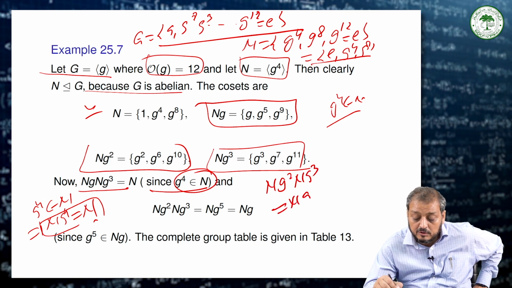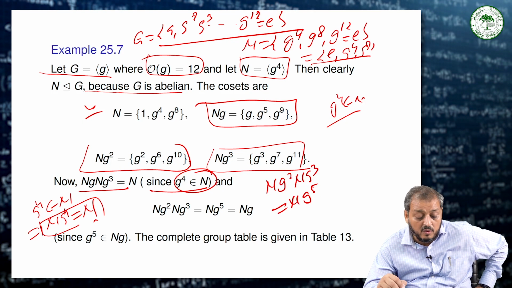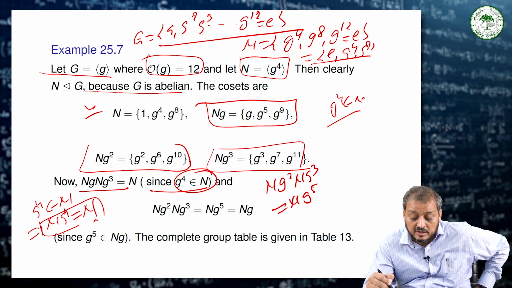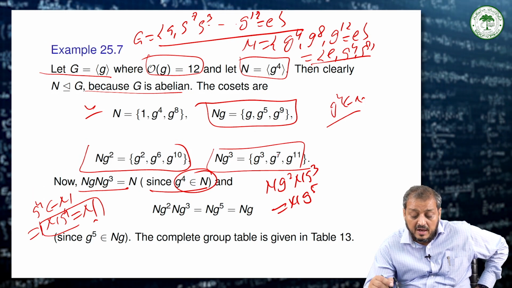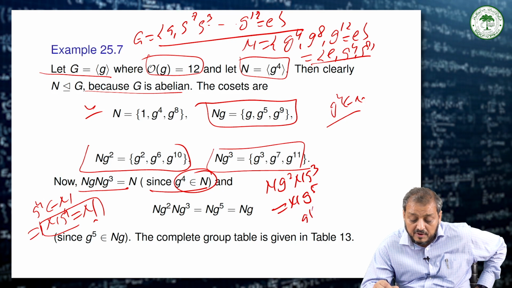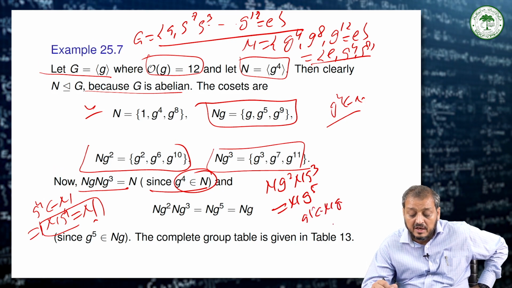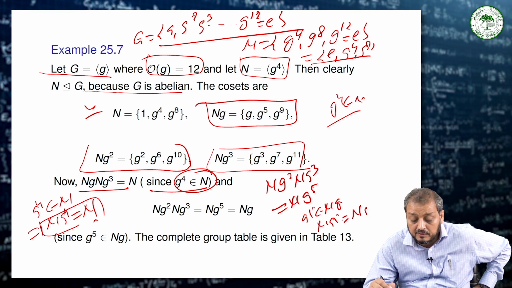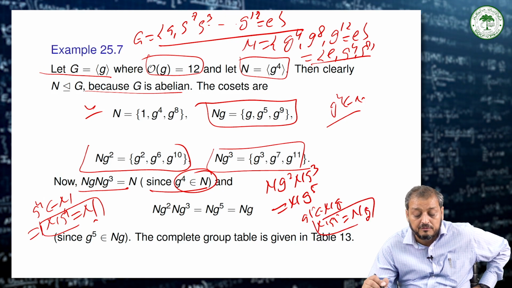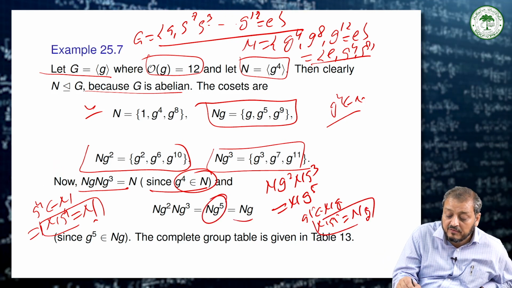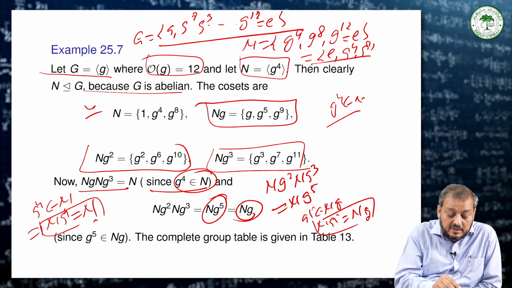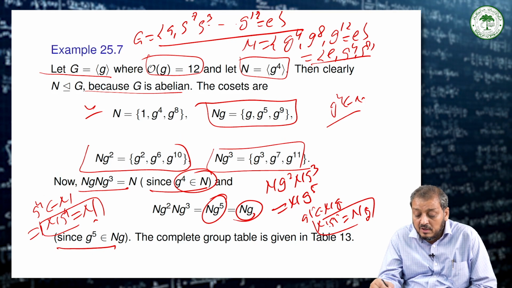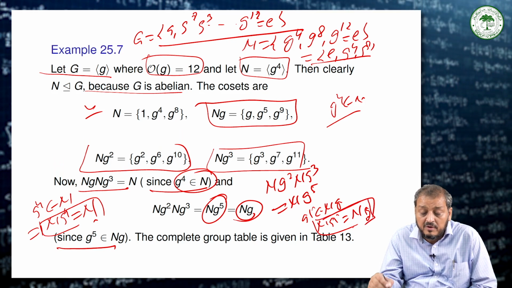By the property, N g to the power 5 belongs to N g, and g to the power 5 belongs to N g, so N g to the power 5 is equal to N g. Since g to the power 5 belongs to N g, this means N g to the power 5 can be written in the form of N g.